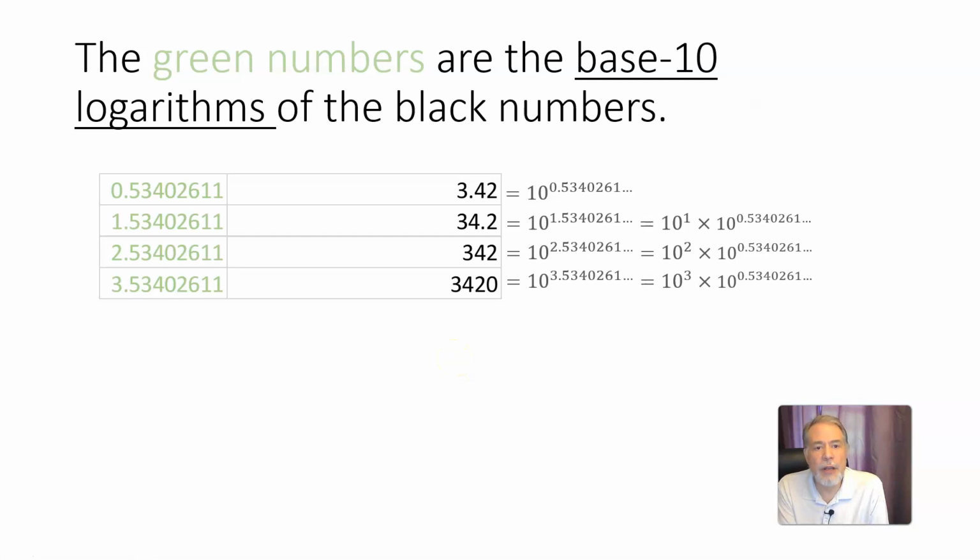You can get any one of these numbers times a power of 10 to get another one of these numbers. So if you look at the base 10 logarithms of those numbers, they all have the same thing after the decimal point. The only thing that's different is the whole number part that comes before the decimal point.